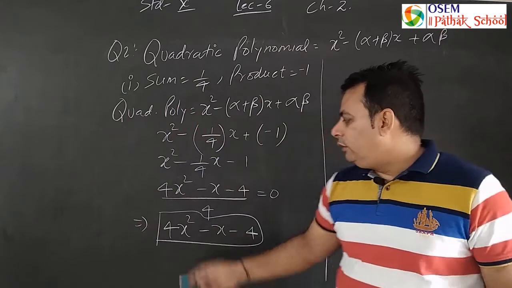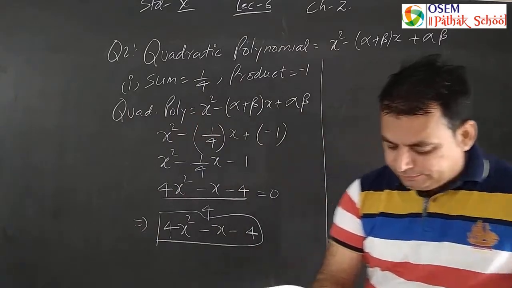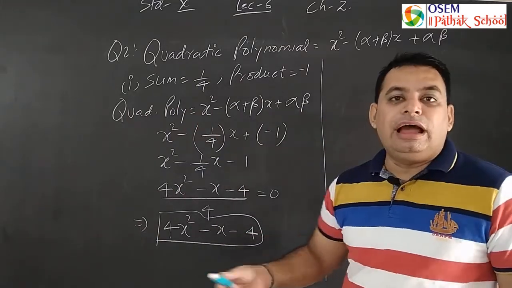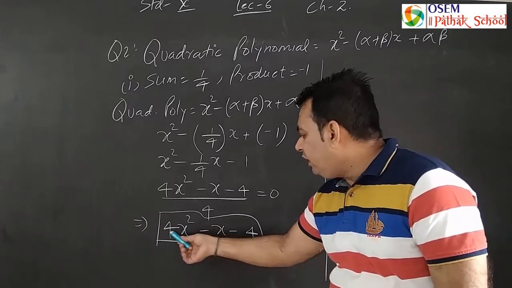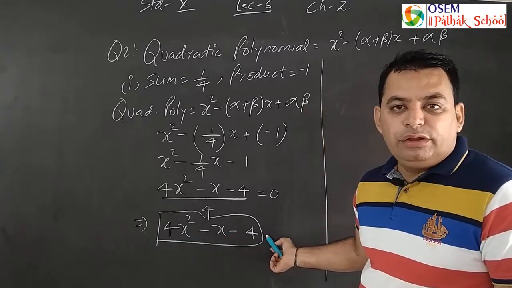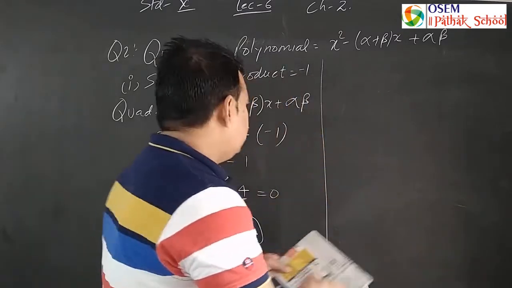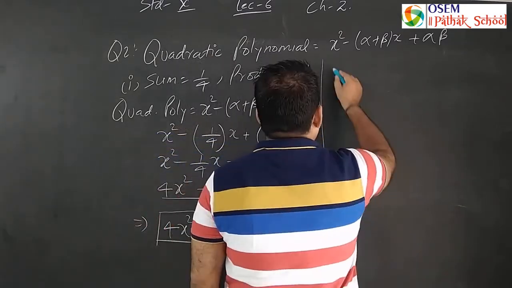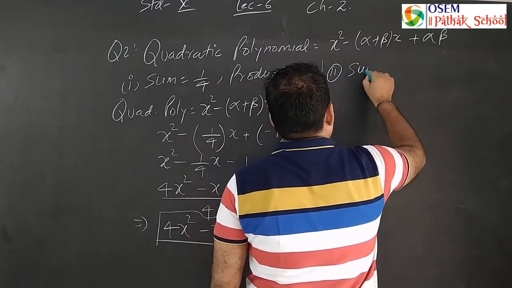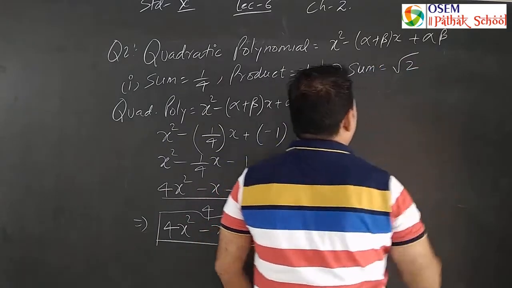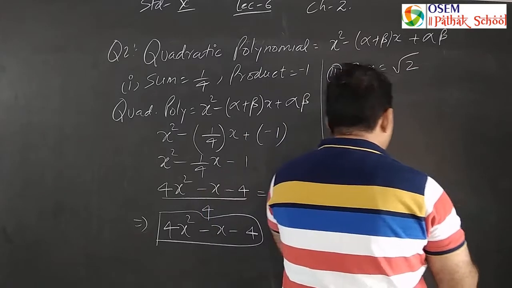See the question. We have got the answer over here. So this is the quadratic polynomial. I told you the quadratic is in the form ax square plus bx plus c. Now I am doing the second question. The sum is given as root 2 and the product is 1 by 3.